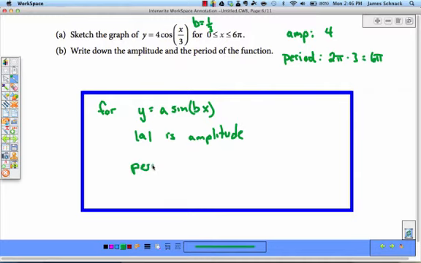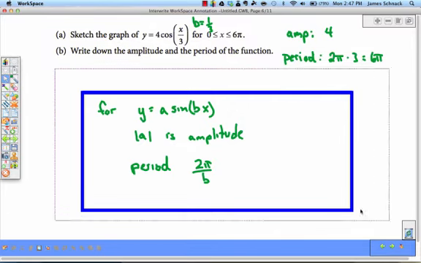The period can be found by taking 2 pi and dividing by b, doing the opposite of what it says. So here, if we take 2 pi and divide by 1/3, that gets us multiplying by 3, or a period of 6 pi. This stuff in the box, pretty darn important for graphing trig functions.